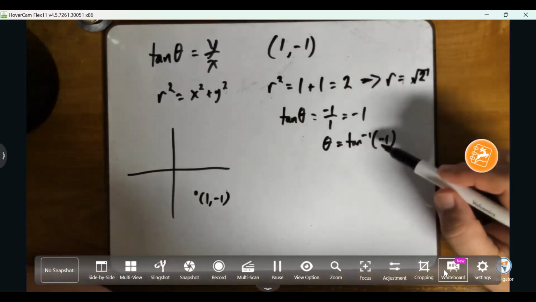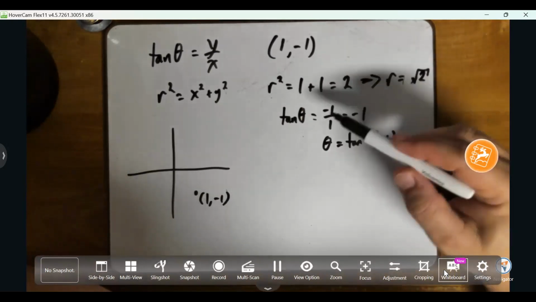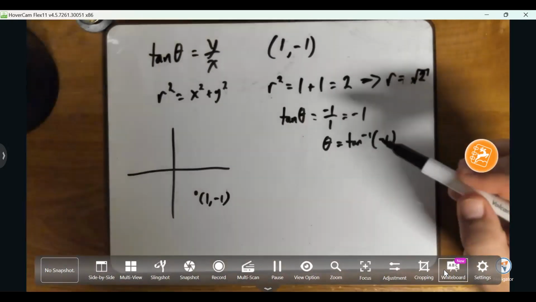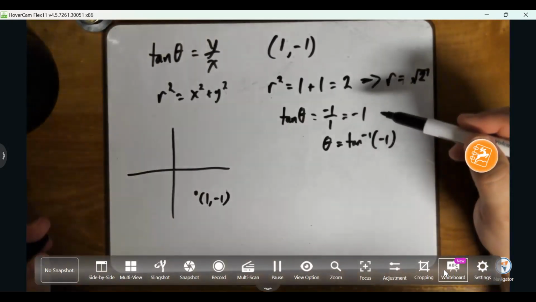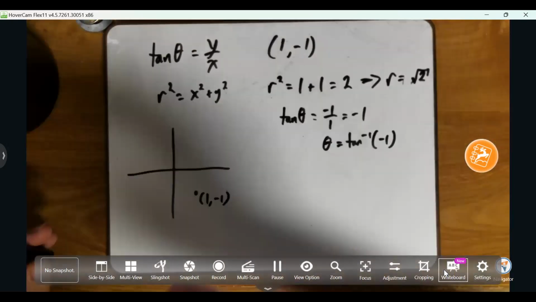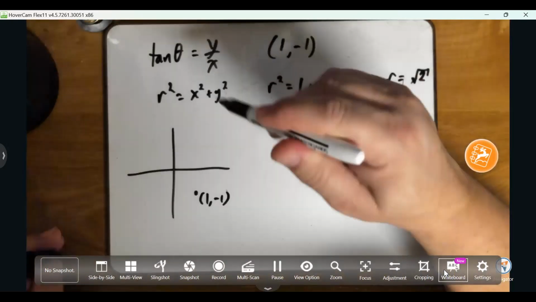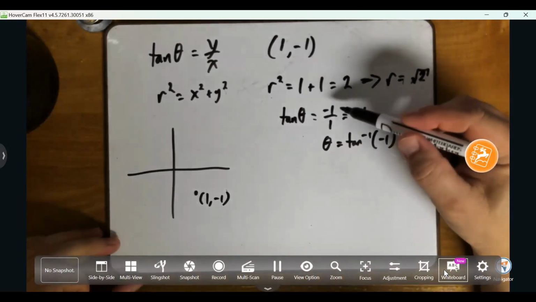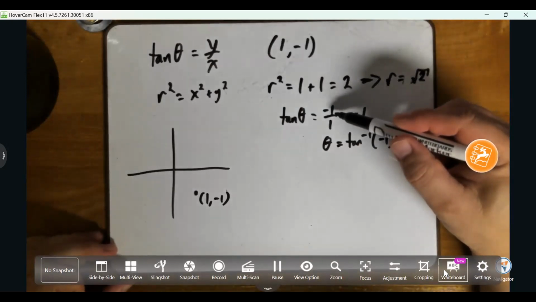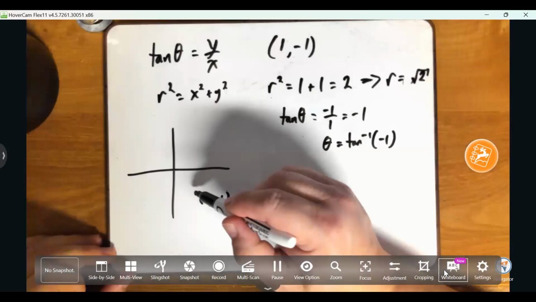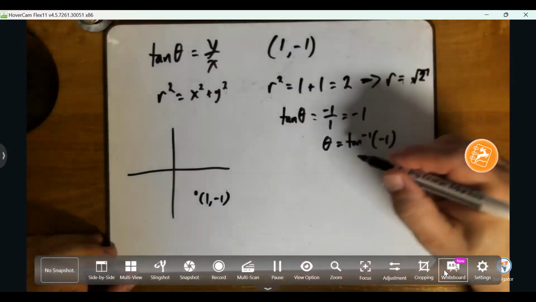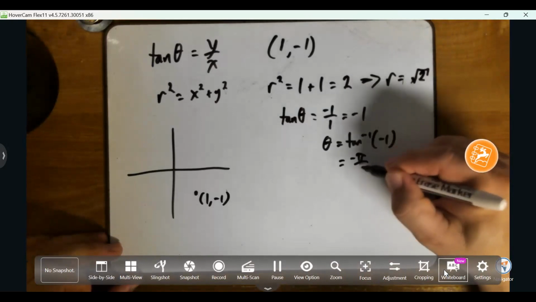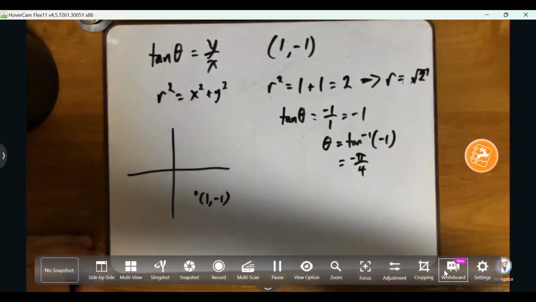If it's the inverse tangent, I need tangent to be minus 1, which means my sine and my cosine have to be the same magnitude but opposite signs. That's going to happen along the pi over 4 markers, so negative pi over 4 in this case. Either way, if I do the inverse tangent, it's going to give me negative pi over 4.